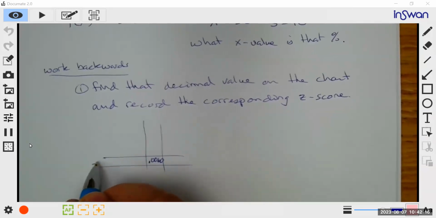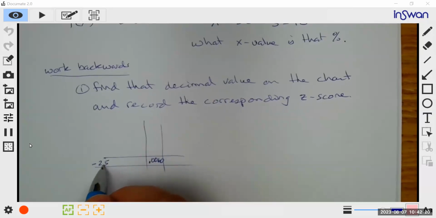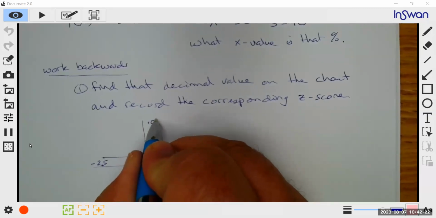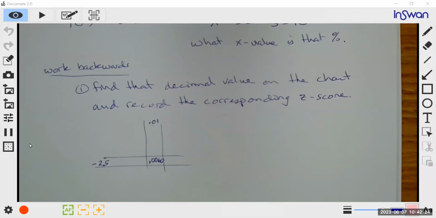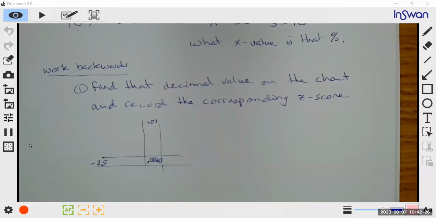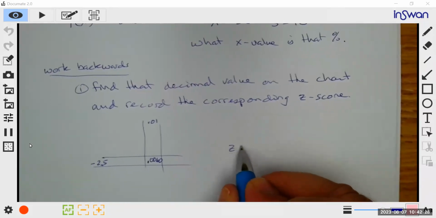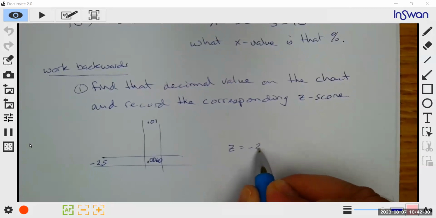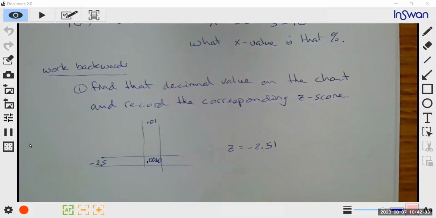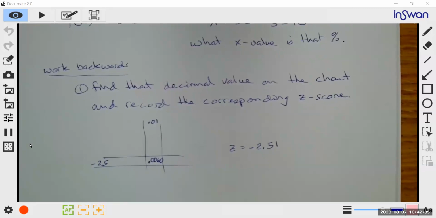It was at negative 2.5 and 0.01. Right. So the z value is negative 2.51. Check.